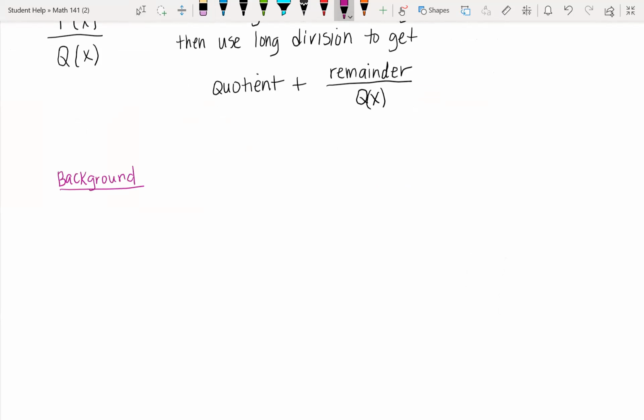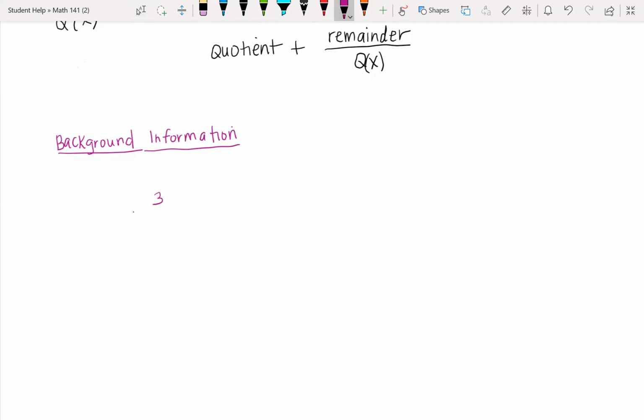If I had two fractions, let's say 3 over x plus 5 and 7 over 2x minus 1, and I wanted to combine them together, I would need them to have common denominators. So I would multiply the one on the right by x plus 5 over x plus 5.